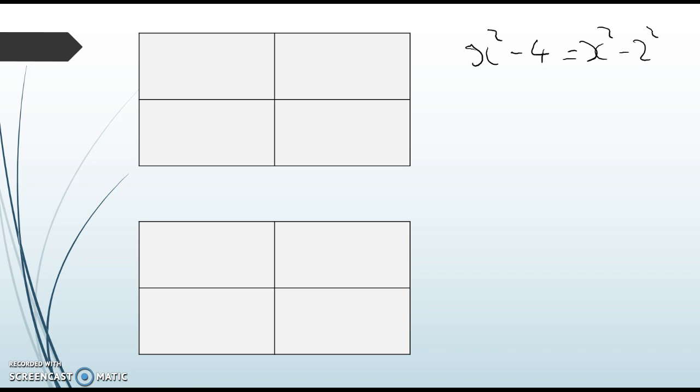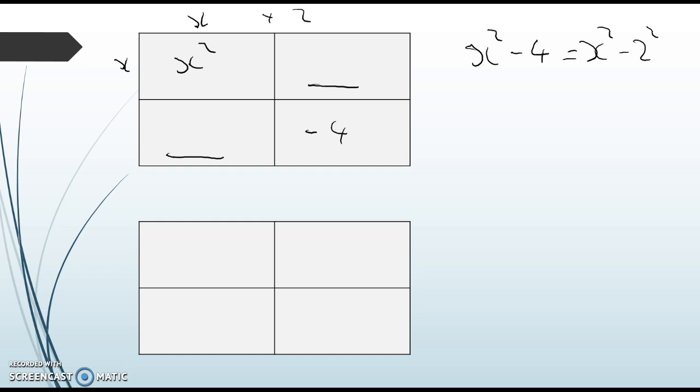So what does this look like using our area model? So we have x squared in there and we have negative 4 in there. So these two terms need to be something that will cancel each other out. And because we know that the square root of 4 is 2, or the square of 2 is 4, we have our x's here. And we know that negative 2 times 2 is negative 4.